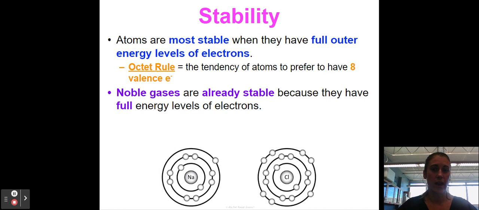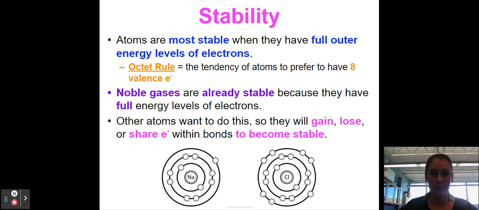Noble gases already have an octet, so that's why they're stable, and they don't need a bond. Other atoms, though, need to do this. They need to either share if they're covalent, or they're going to gain or lose electrons and become ions, and then transfer electrons to make a bond. So stability is the key.